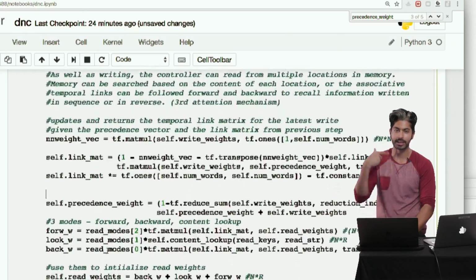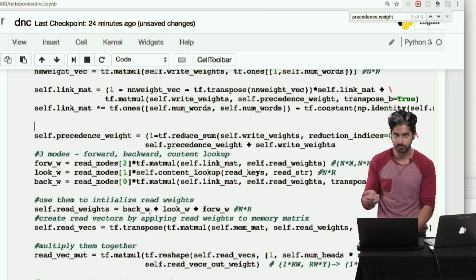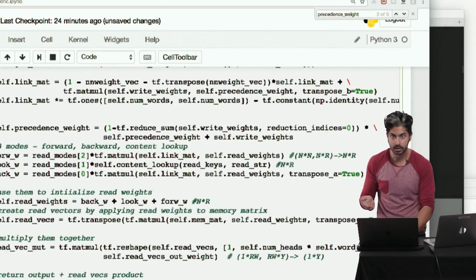So we just updated it. Like, we've used it to define our link matrix, and now we can just update it, okay? And so let me make sure you guys can see this.